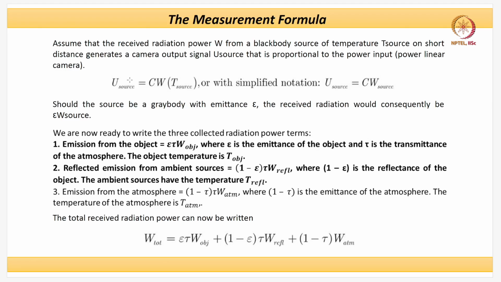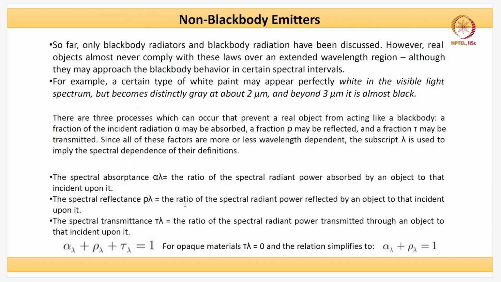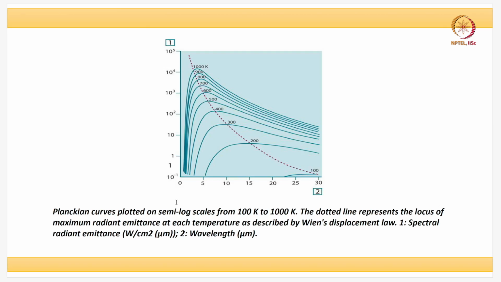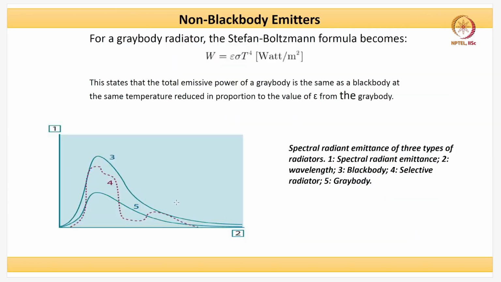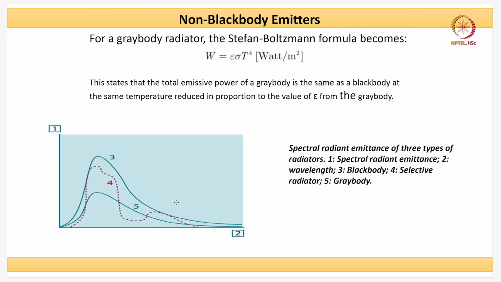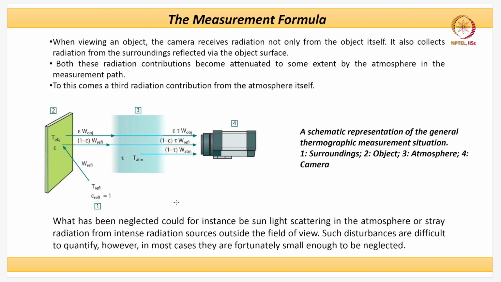Just to make sure that you understand what we did in this particular class: we learned about the black body, then the different non-black body emitters, then the Stefan-Boltzmann law, and then the Planck's curves. We talked about what selective radiators are, and we also saw examples of selective radiators.